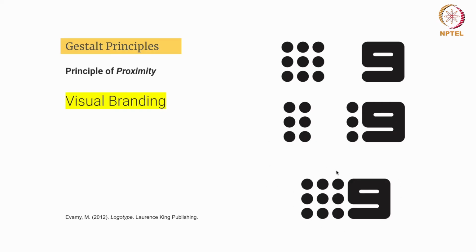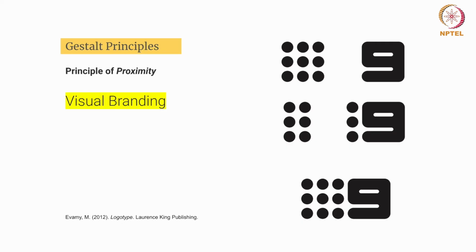Again, the proximity is happening, and you are associating these circles with this numerical number 9 because of the closeness of it. Since it was far, you will automatically presume that this is not related to this. So as I said in the previous discussion, proximity helps to create relationships.